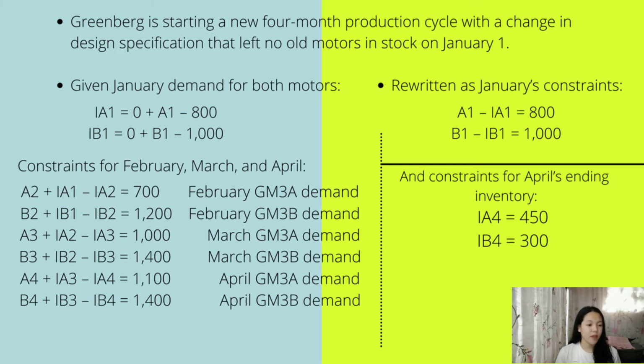And the other constraint for the ending inventory of April is A sub 4 equals 450, and for the second model, B sub 4 is 300. Those are the important pieces of information for our solving in Excel.